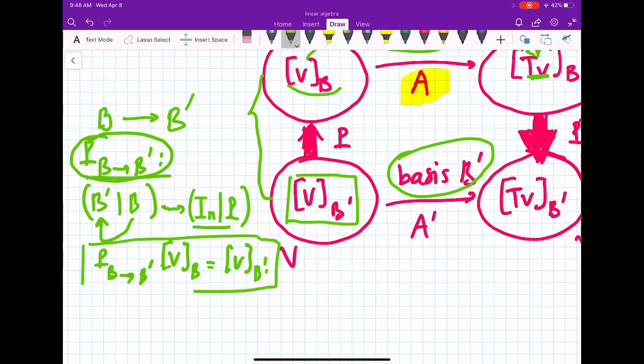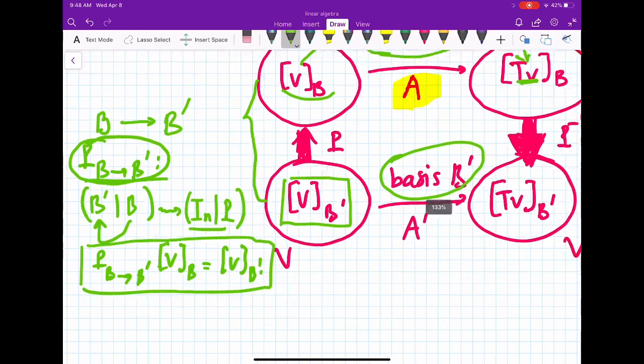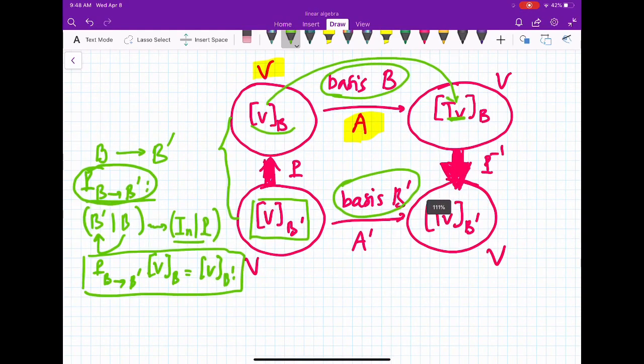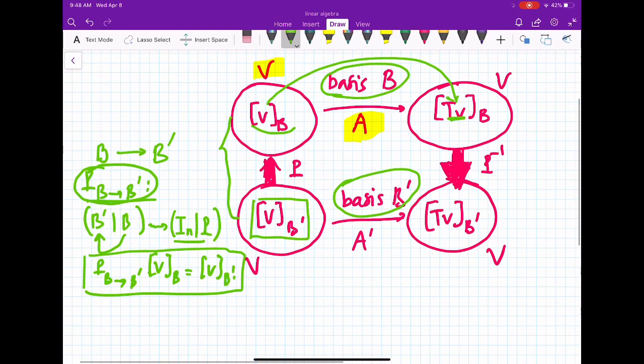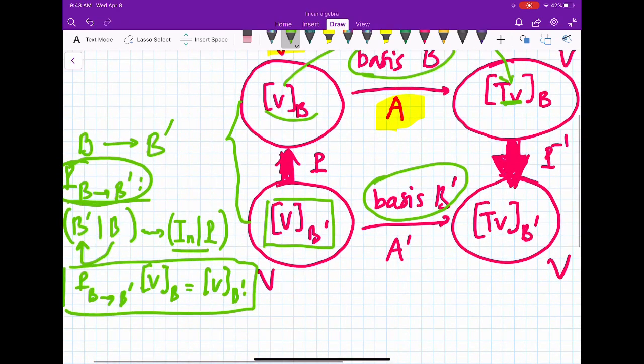That's what we learned about, how to go from one basis to another. Makes sense? All right, so in this picture, they write P right here, but this is fine, this is how we go from B prime to B. So basically, if we go from B prime to B, this matrix should be the inverse of the one when we go from B to B prime.